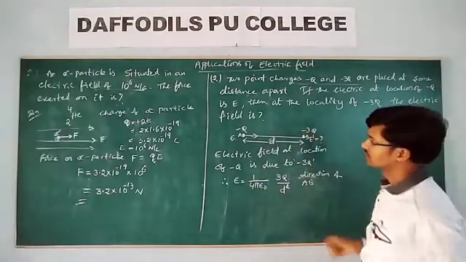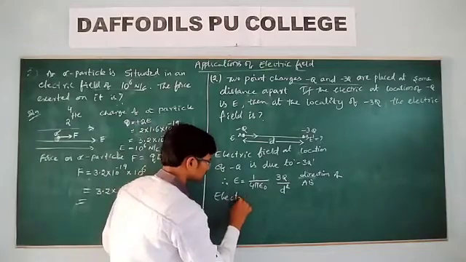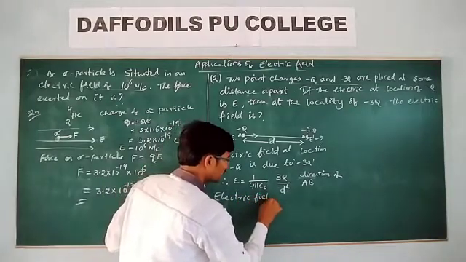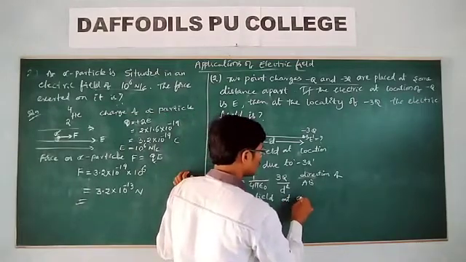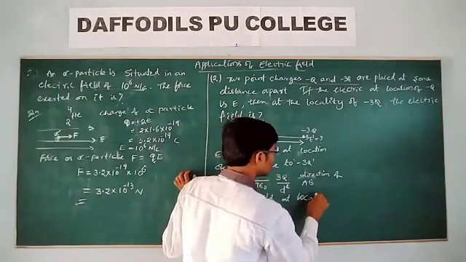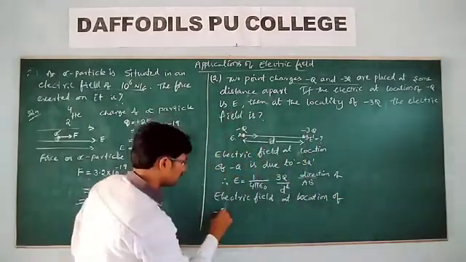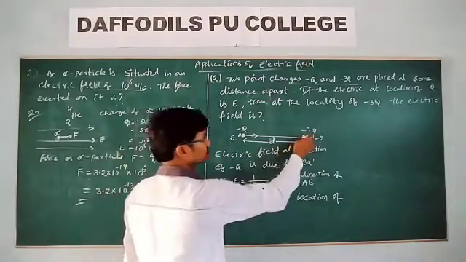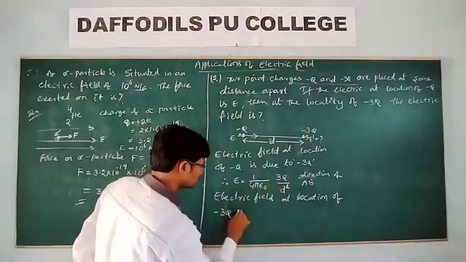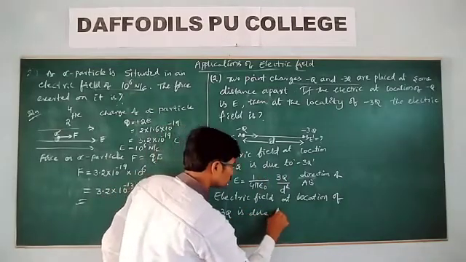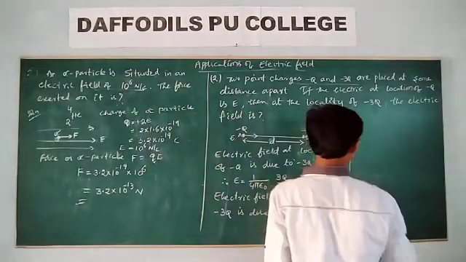Let me write that expression. The electric field at the location of minus 3Q, at this point, is due to the charge minus Q. Let me call it E dash.